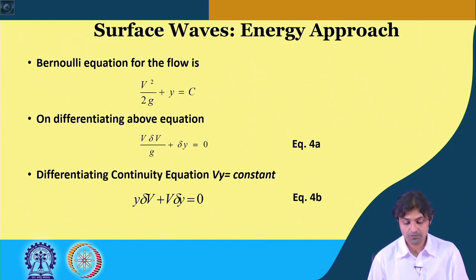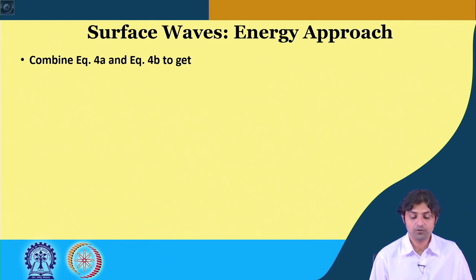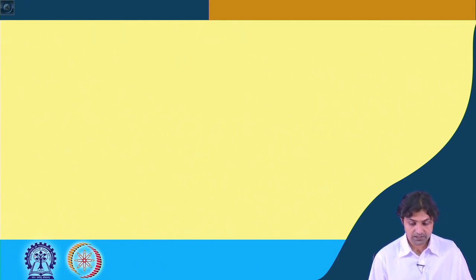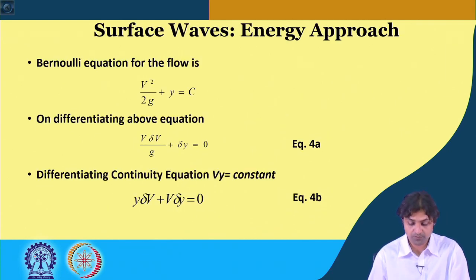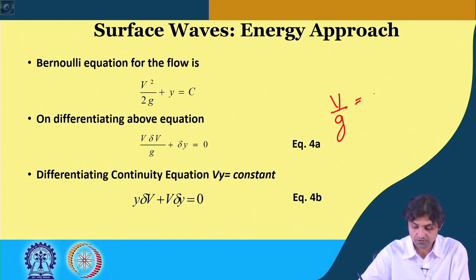This is equation 4b, and let us try to combine 4a and 4b. From 4a, v by g is equal to minus delta y by delta v.